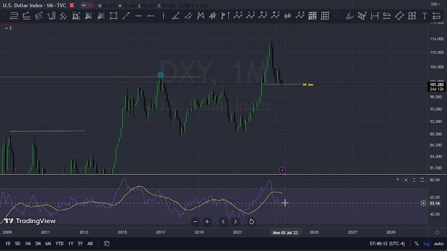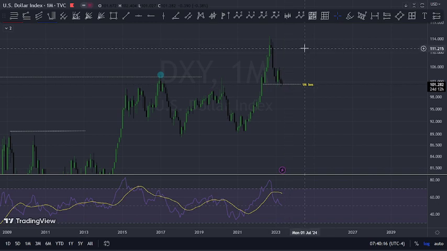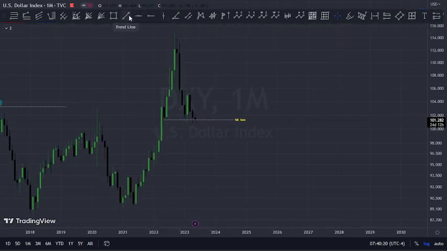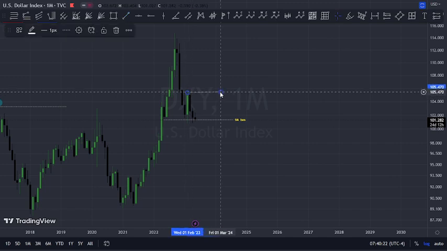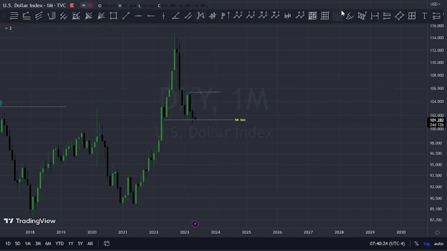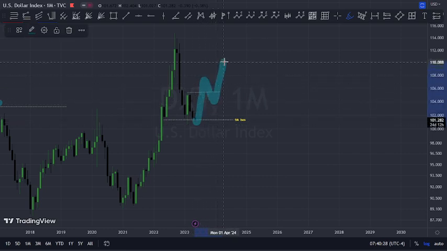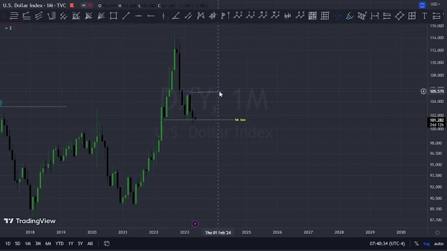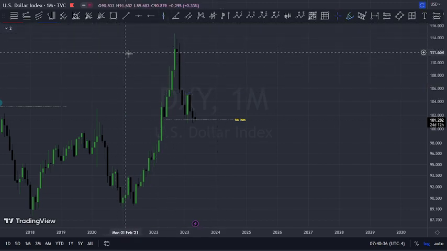We can still go further up here, but I need bullish price action. This is the breakout structure, so I want that one to go up on the monthly, just on the monthly. Okay, so on the monthly, you know where we are.